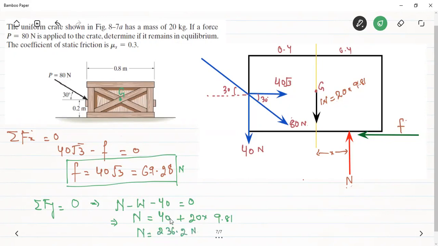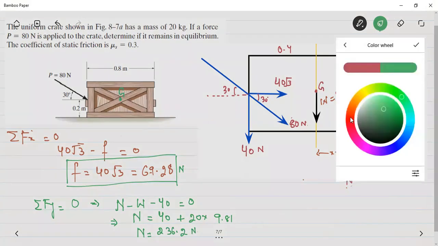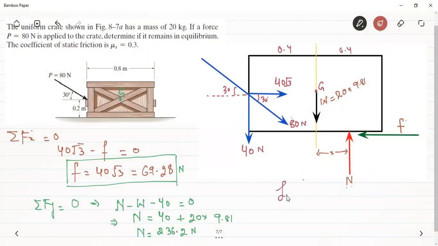Now, if I want to calculate the limiting friction, that is F is equal to mu s times the normal reaction. Here the coefficient of friction between the block and the surface has been given as 0.3. So 0.3 multiplied by this normal reaction, that is equal to 236.2.